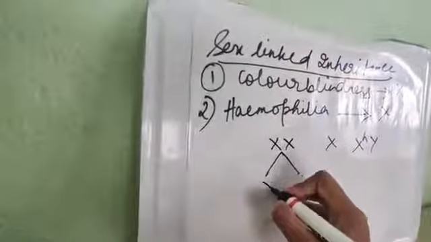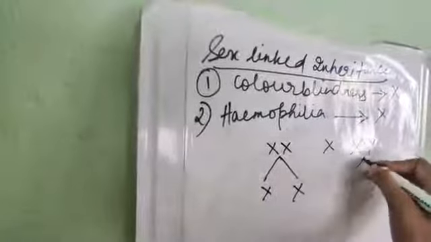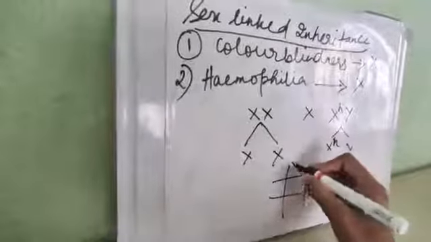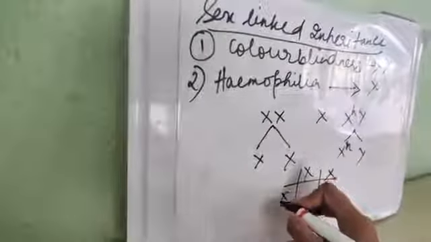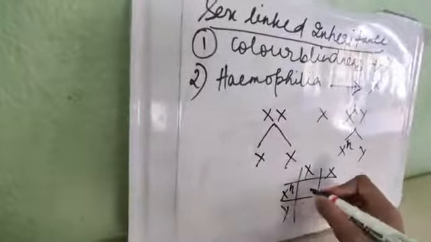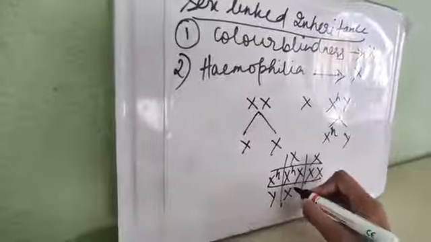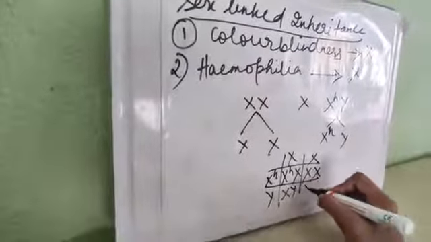So the gametes will be XX and XHY. So the cross that we will get is XX, XHY. So we will get one carrier daughter, one normal daughter and two normal sons. So this is the cross.